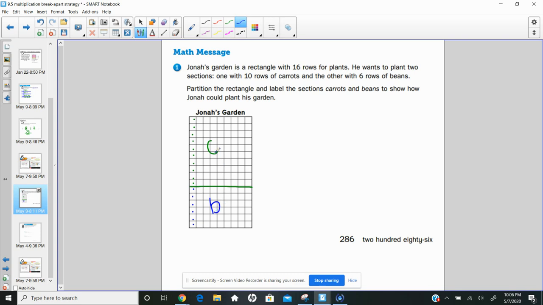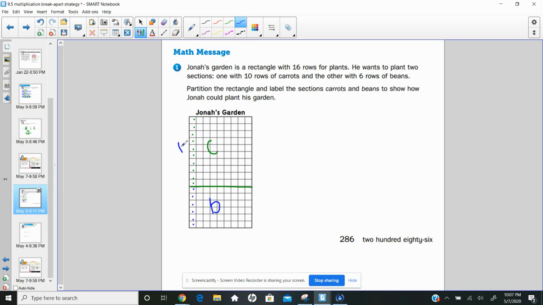It's all his garden, right? The rows are the same, but the amount in each row is not the same. That was wrong. The amount in each row is the same; how many rows there are is what changes. So this is just like the break apart strategy of what we just did.